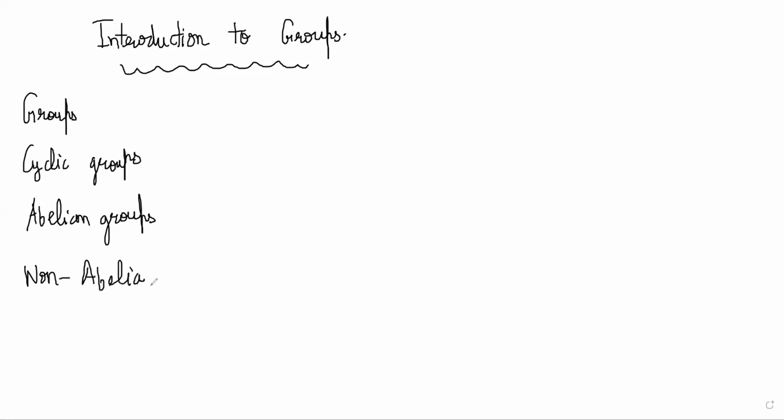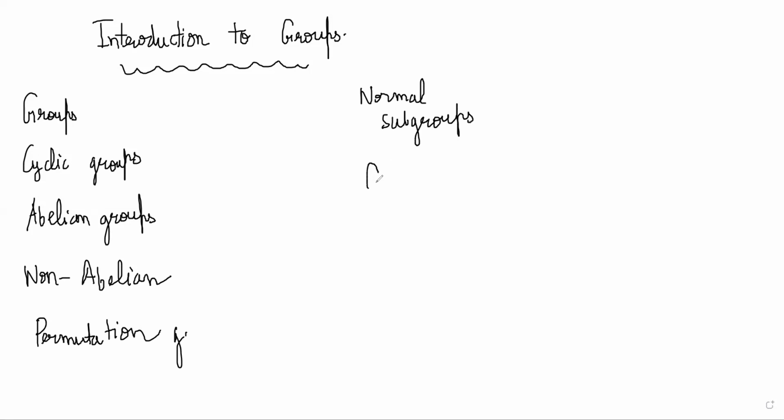We want to discuss groups, cyclic groups, abelian groups, non-abelian groups, permutation groups, then normal subgroups, quotient groups, and then we look at Lagrange's theorem for finite groups.